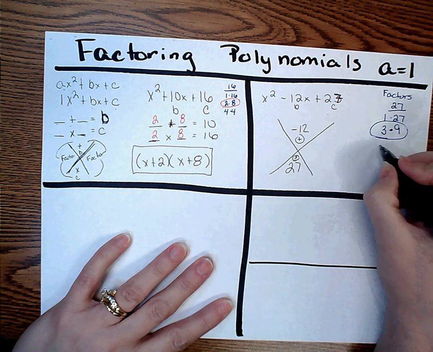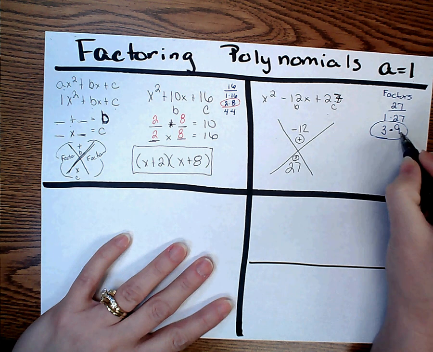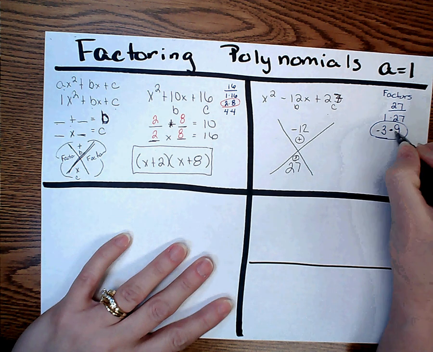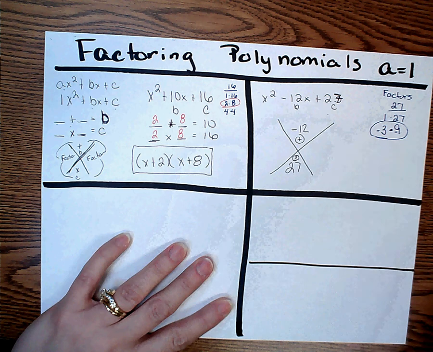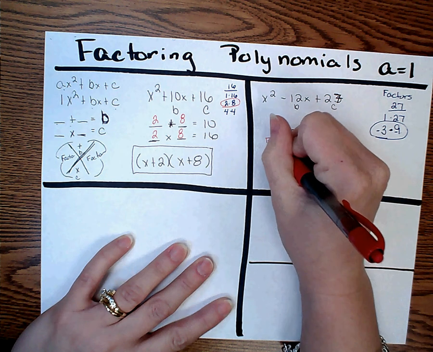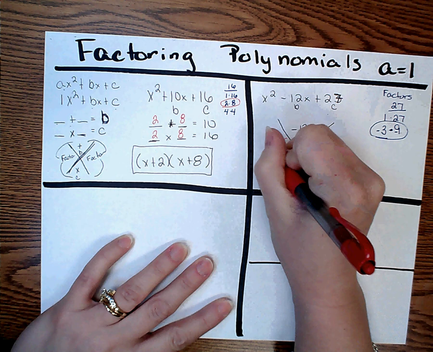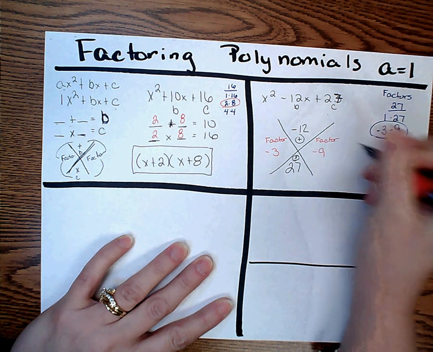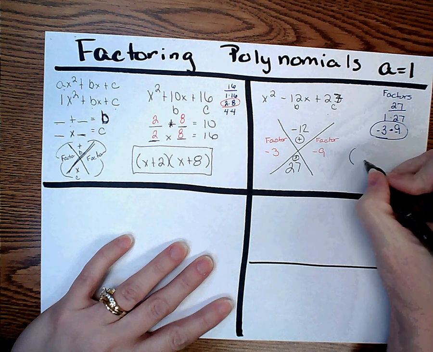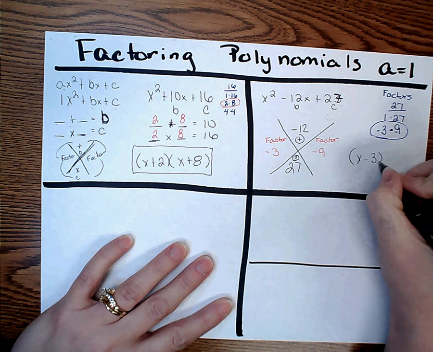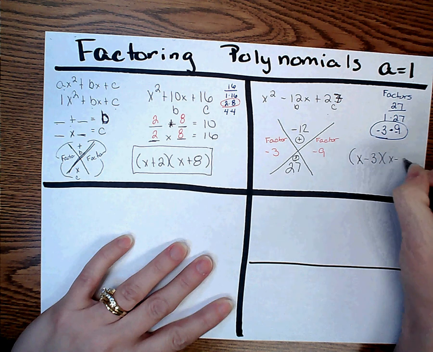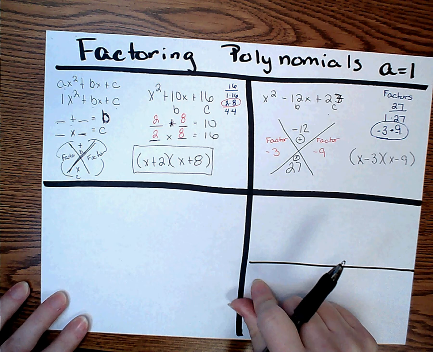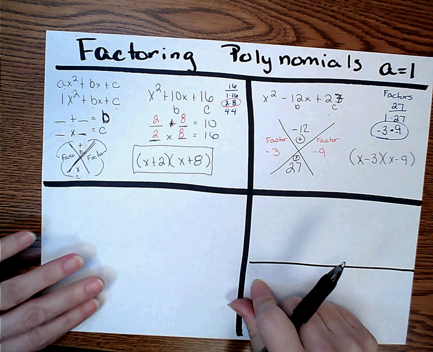So for this to work, I know that I can have a positive times a positive to give me a positive, but I can also have a negative times a negative to give me a positive. So my factors are negative 3 and negative 9. So my answer is x minus 3 and x minus 9. The helpful thing here is to know our multiplication tables so that we can do this fairly quickly.